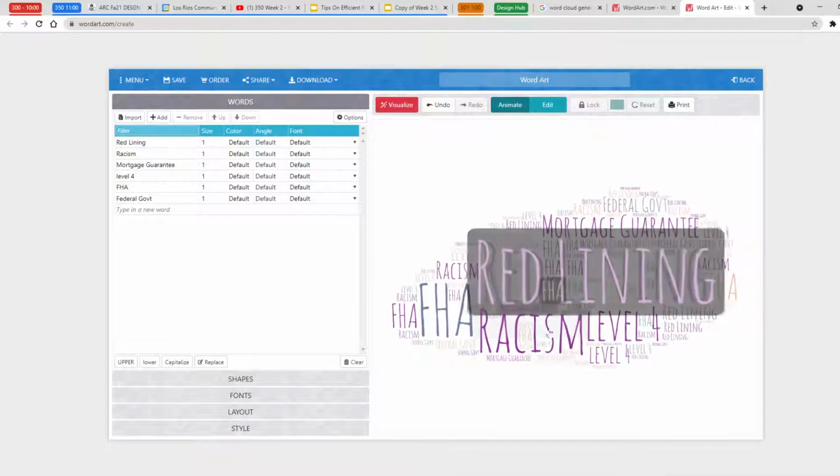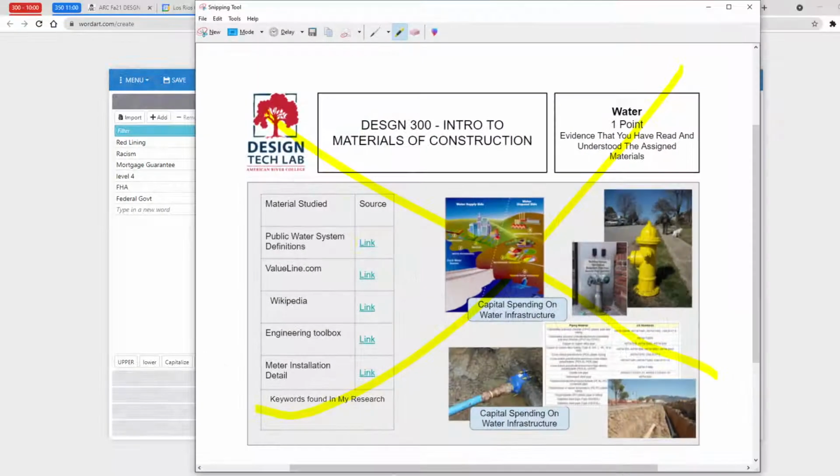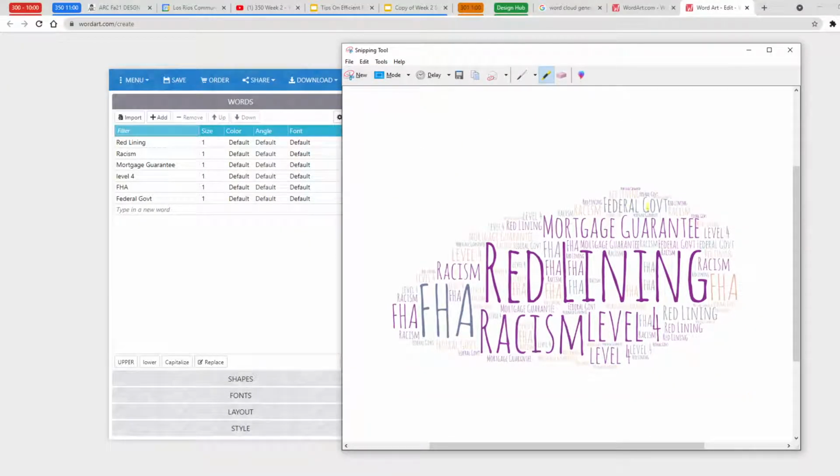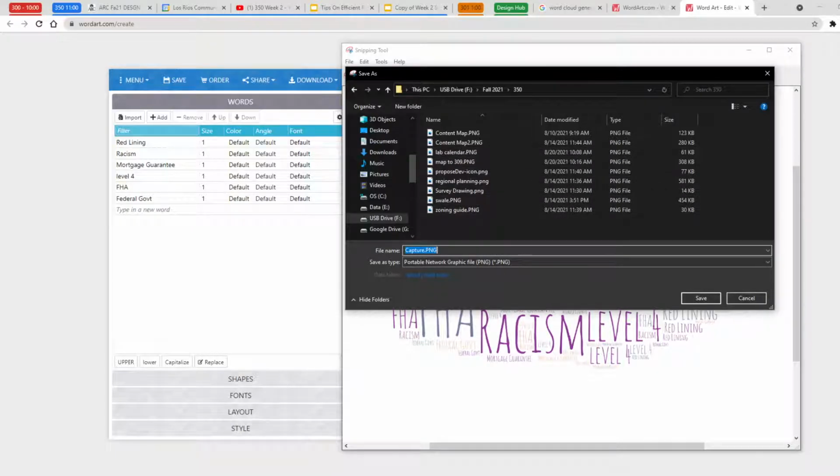So isn't that cool? Isn't that just the grooviest thing? So that's very visual. Redlining, racism, and it kind of lets you go, and you can even put more on there, and then you can print it. Isn't that a cool way to do stuff?